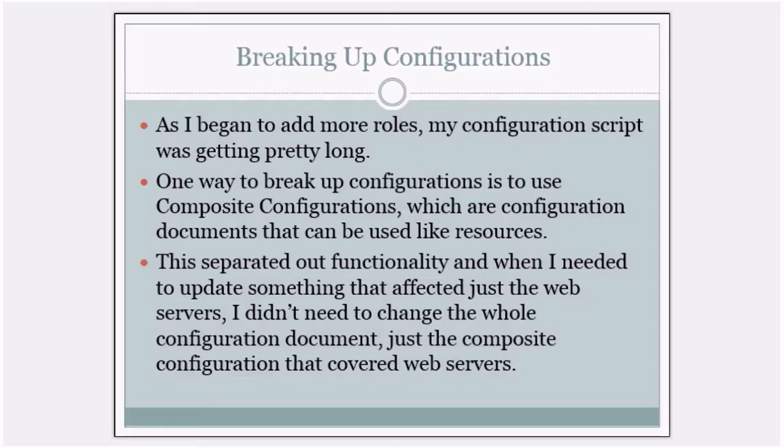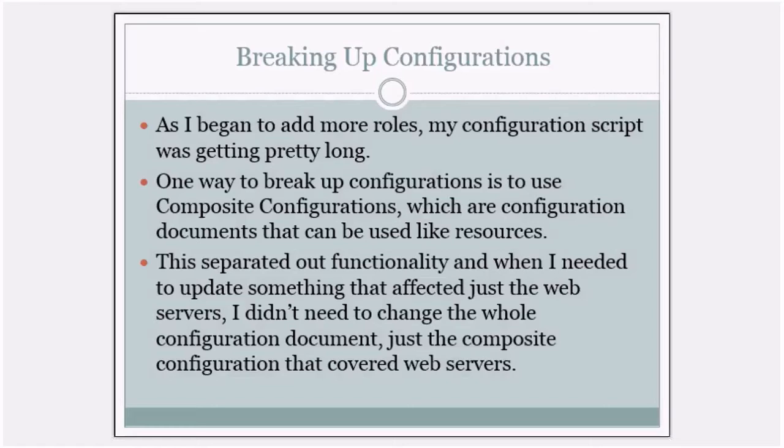And like the week before, they blogged about that, and I missed that, and so I quickly changed my PS1 documents there to composite configurations, treated them like DSC resources, put them in a DSC resources folder, gave them a module metadata file, and changed the PS1 documents to a schema.psm1 document.